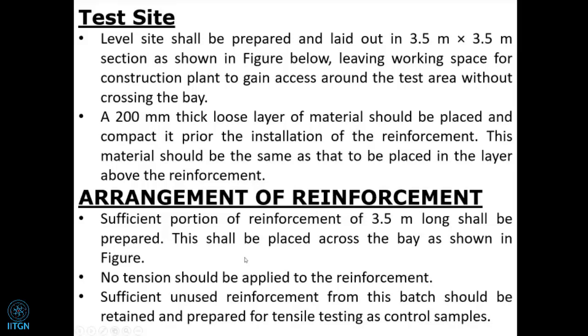We have to keep in mind that there should be no tension while laying the reinforcement over the soil. And we should take care that we do not allow any damage while rolling the soil over the reinforcement. That's why sufficient unused reinforcement from this batch should be retained and prepared for tensile testing as a control sample.